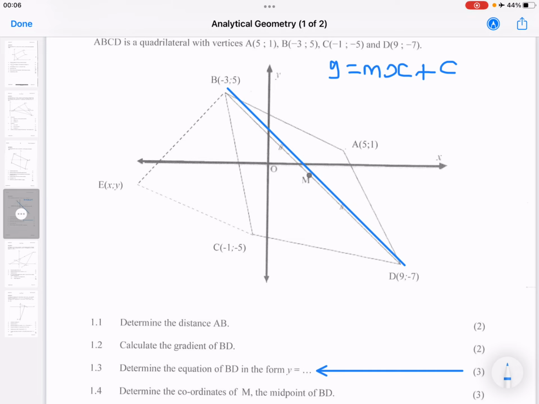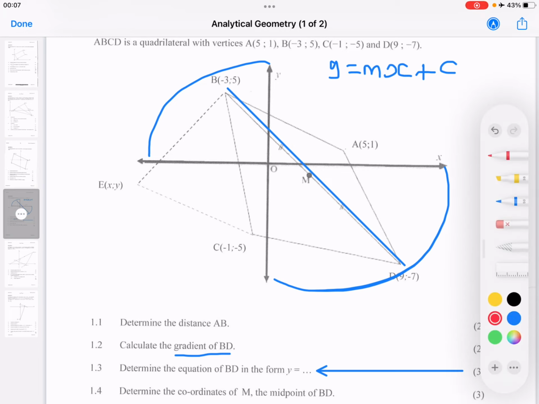But now, what is the gradient? I think we have calculated the gradient there. What I know is that for that line, you are going to have a negative gradient. How do I know? At all the times when you have a line which ends in quadrant number 3 and quadrant number 4, it will always have a negative gradient.